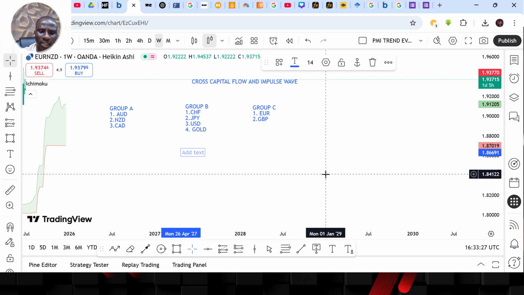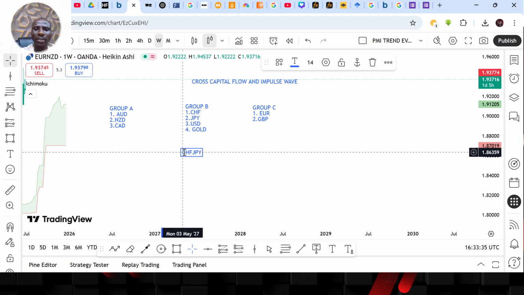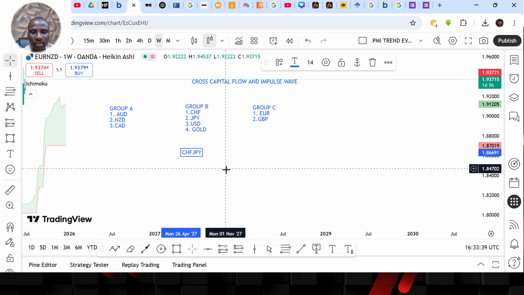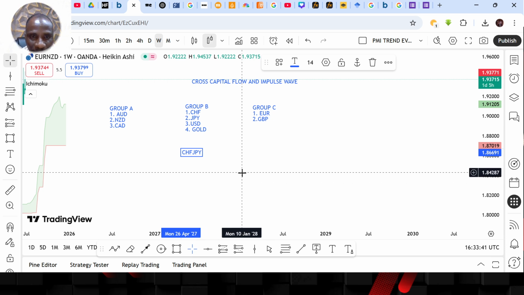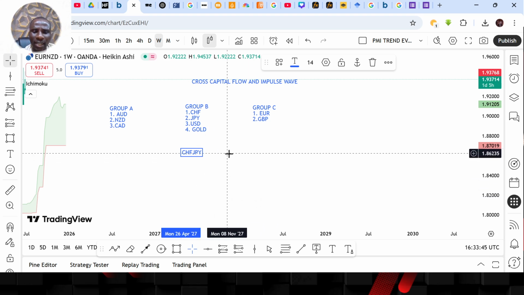Suppose you want to trade CHF JPY. At Potential Miners International, we focus on trading the wave. So wave is our friend and we follow the wave, and that's how we trade at Potential Miners International.